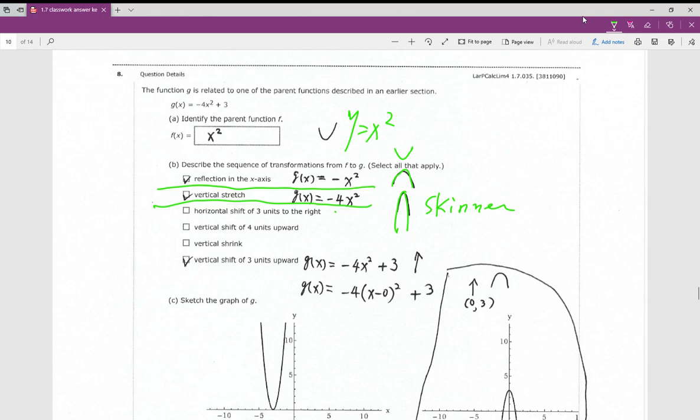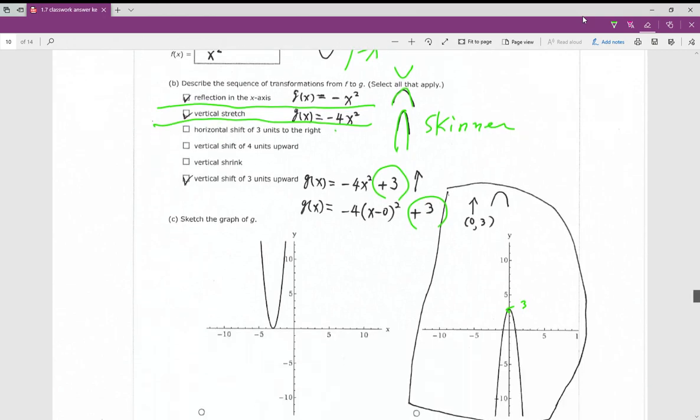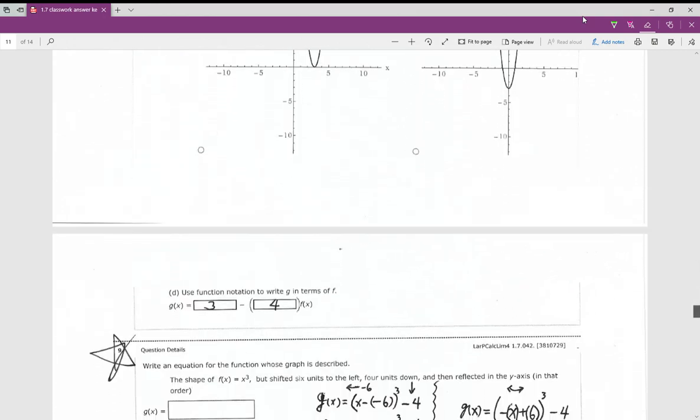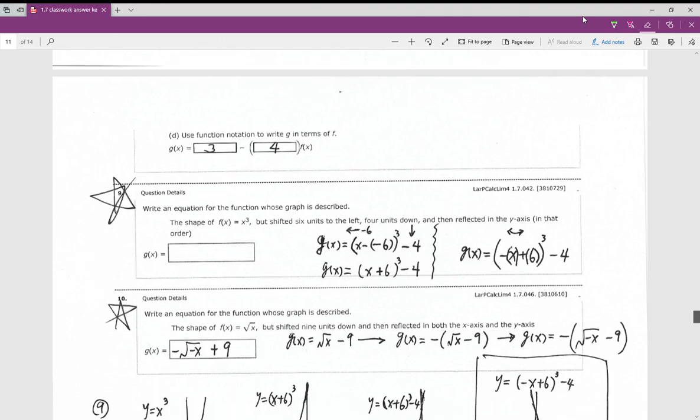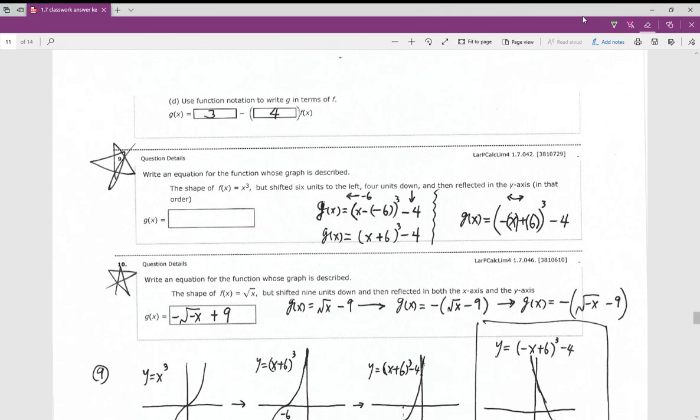And then you need to plus 3 to shift up. The whole graph pushes up 3. So you follow step by step, you understand what it means, then you can have the right graph. This one, we have g of x equals the upside down function, stretched 4 times, and then plus 3, we put the 3 in front.